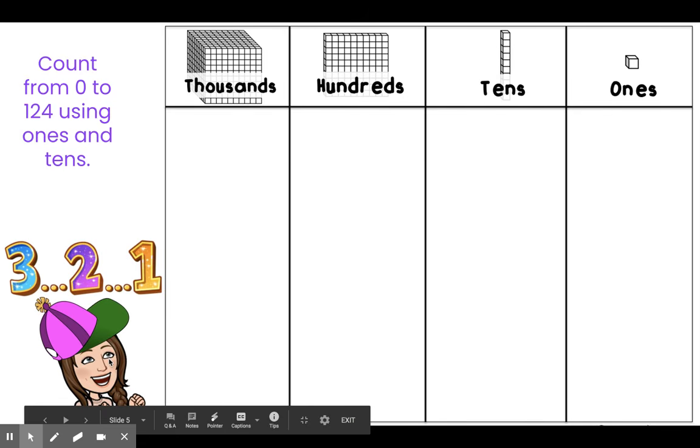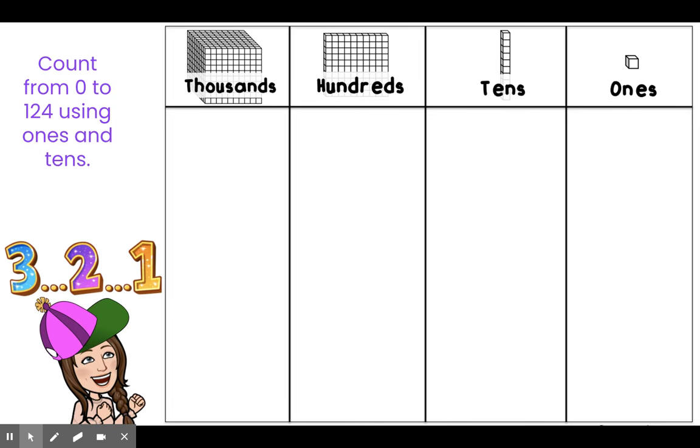Let's do some counting today using our place value chart. This place value chart helps us remember the units as they happen in place value order, starting with ones, the next unit being tens, then hundreds, and then thousands. We're going to count today from 0 to 124.